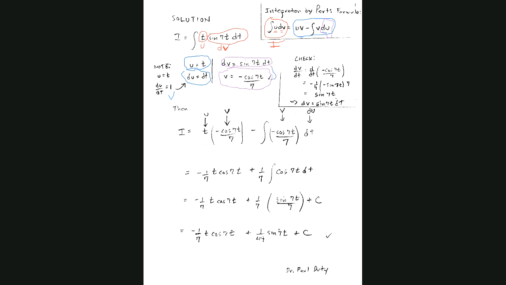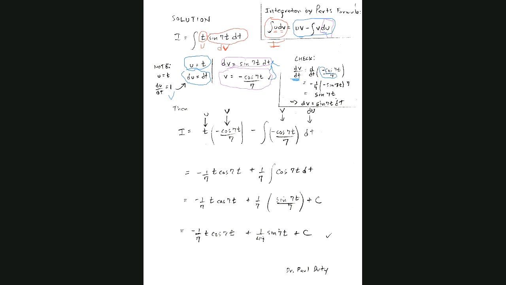What if we said, I think v is negative cosine of 7t over 7. If we differentiate v with respect to t, we'll get the derivative of negative cosine of 7t over 7, right? And by the chain rule, that'll be negative 1/7 times, I'm factoring out the negative 1/7 here.